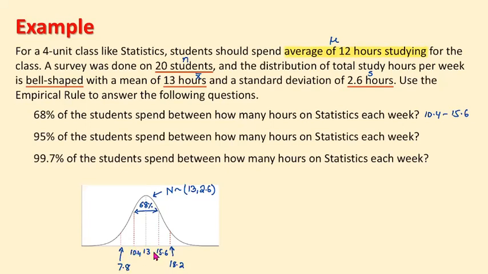That means if we go 2 standard deviations up, it will be 18.2, and 2 standard deviations down, it will be 7.8. And what we know from the empirical rule is that within 2 standard deviations, we'll have 95% of the data. 95% of the data lies within 2 standard deviations of the mean.